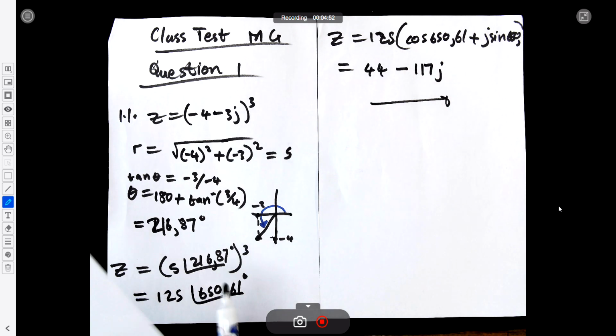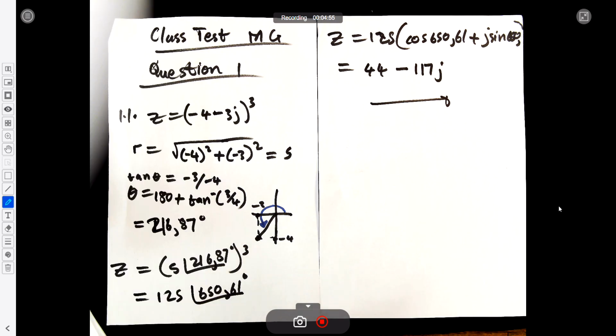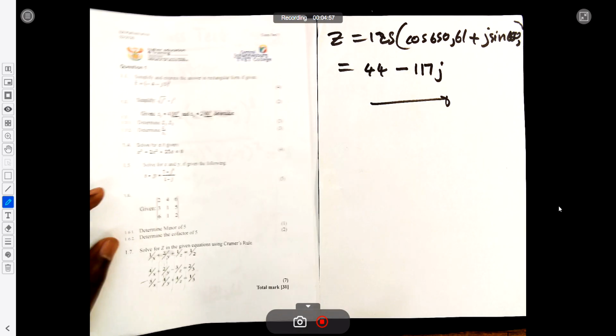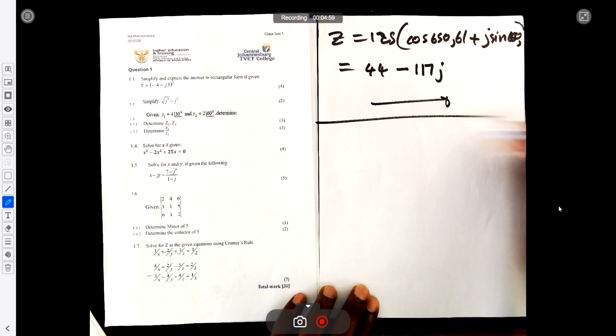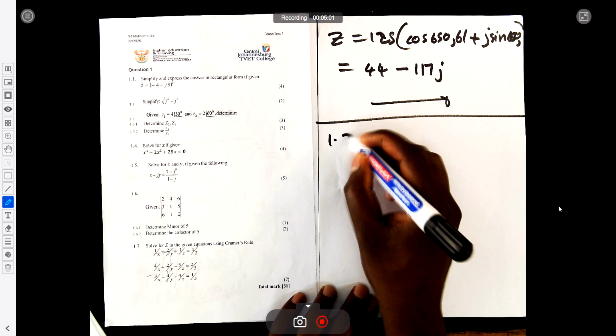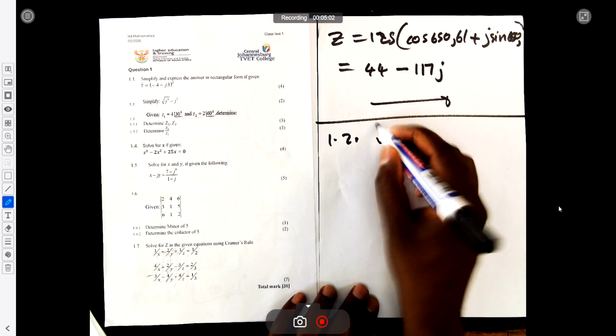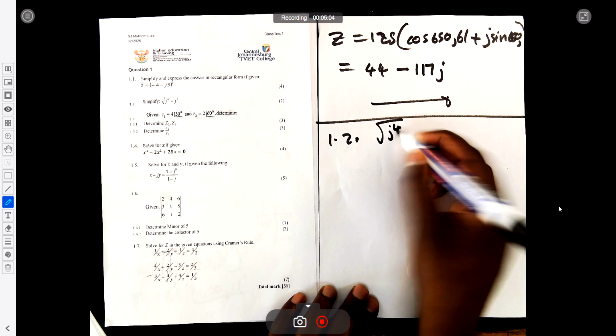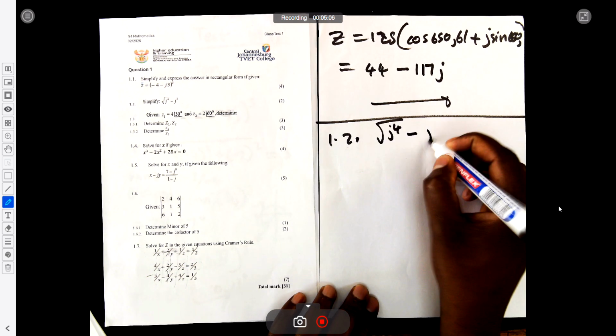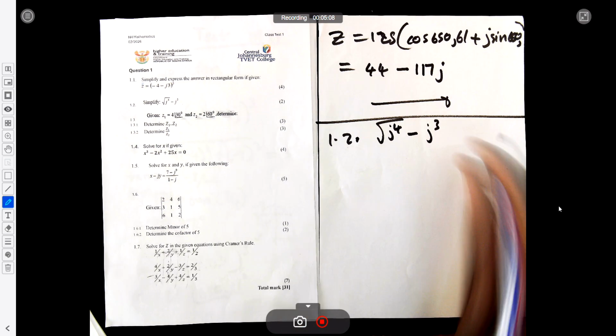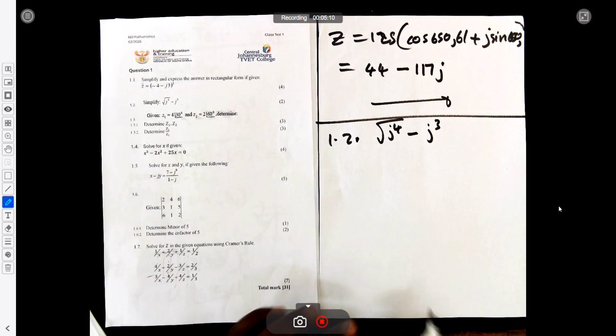Now we need to continue here. We need to simplify the following. When we inspect this, we get two solutions, because normally when you have roots, sometimes you get either positive or minus.